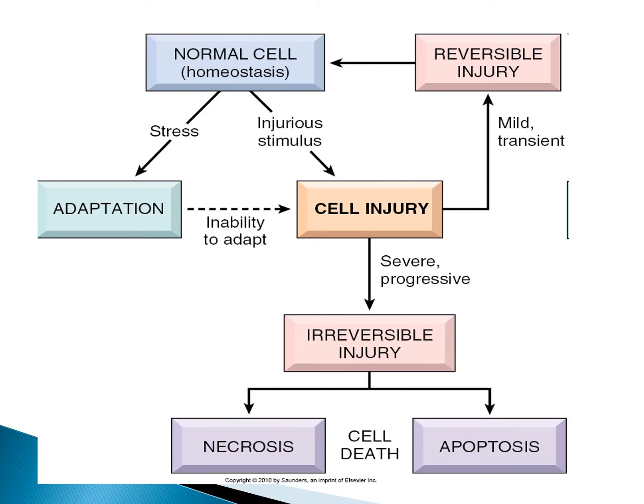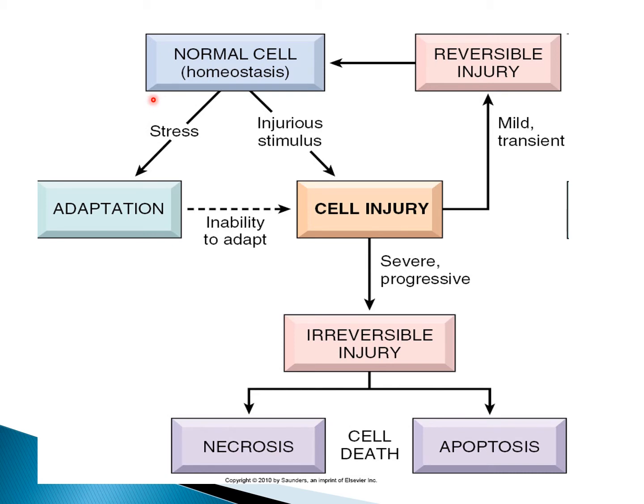So again, as a repeat of what I have said in the previous slide, every normal cell lives in a homeostasis in which its intracellular compartment is kept within a normal or restricted range and highly regulated.